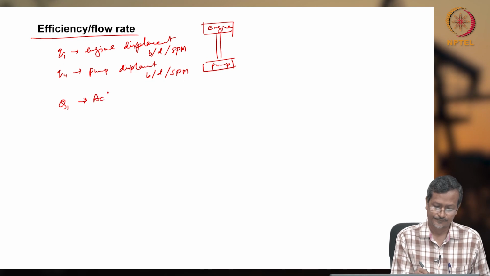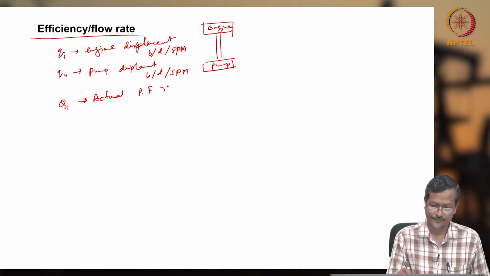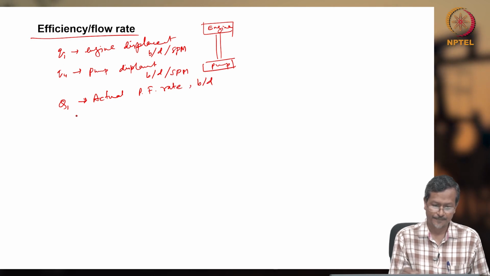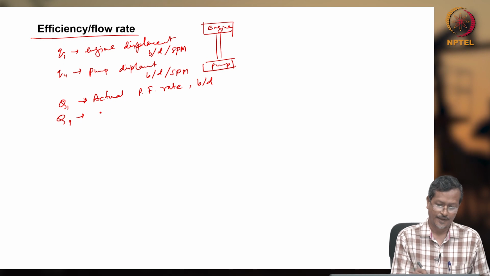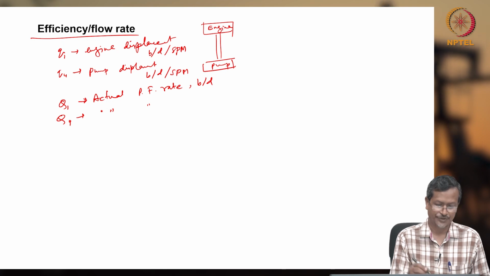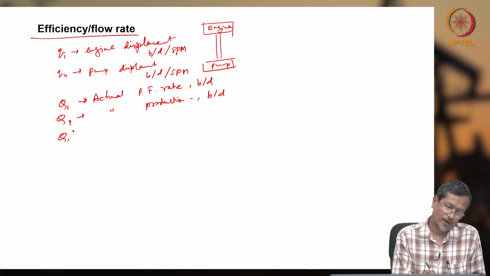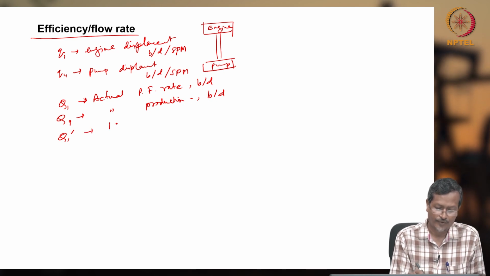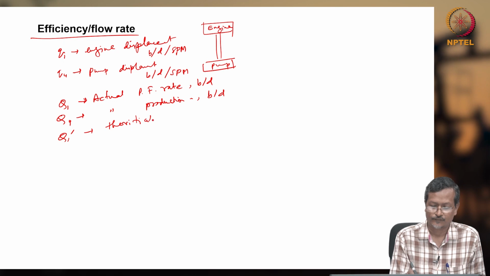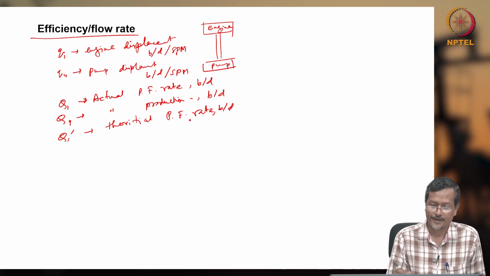Q1 is the actual power fluid rate, barrel per day. Q4 is the actual production rate, again barrel per day. Q1 dash is the theoretical power fluid rate, barrel per day.